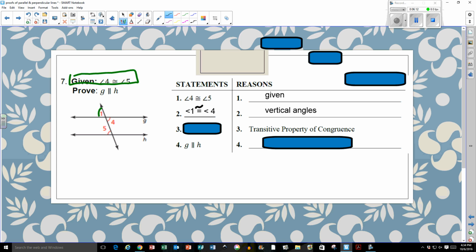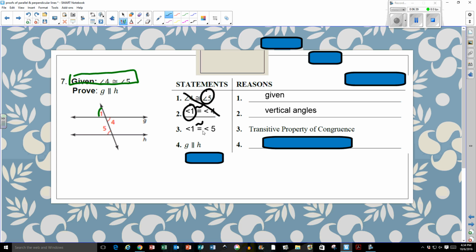So 1 is congruent to 4 because they're vertical. Now, if 4 is equal to 5 and 1 is equal to 4, these two guys are equal to these two. So that means that 1 is equal to 5 because they are transitive, okay? So remember, when you have one angle that's equal to two other angles, then the one that's the same cancels out.